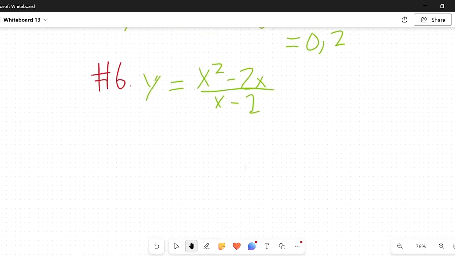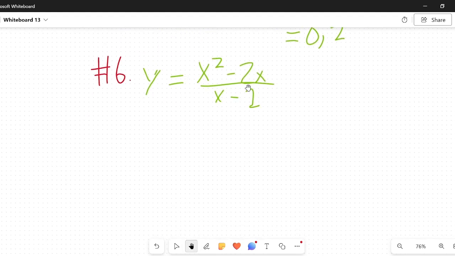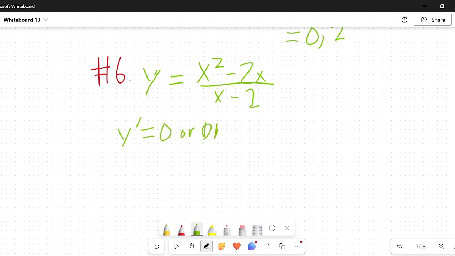Let's say we're trying to find the relative extrema on this entire function, not just some intervals, but the entire function. So in this case, we are going to take the first derivative, right? So we have to say where y prime is 0 or does not exist, right?